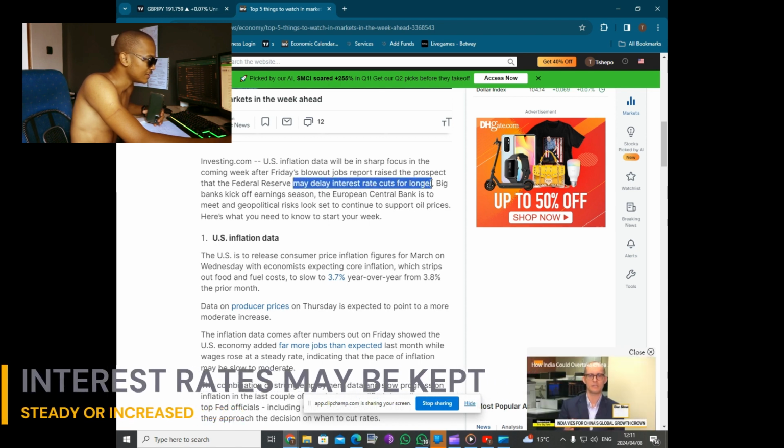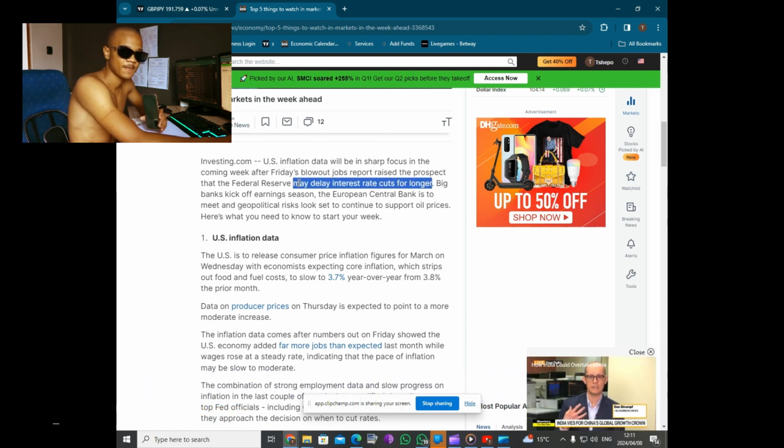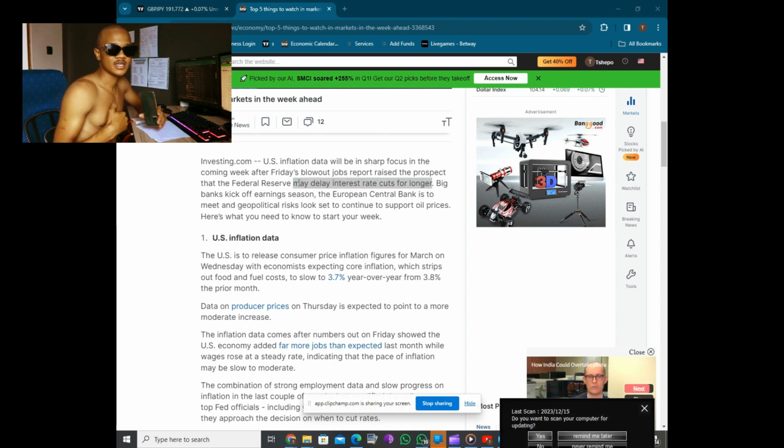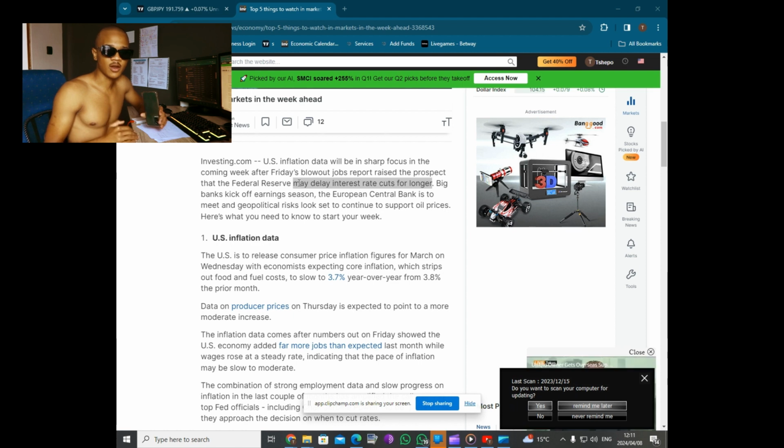Now, if the US Fed delays rate cuts, it might keep the interest rate steady, which will cause the dollar to rise at a steady rate, or it might increase the interest rate, which would give the dollar a very big impulsive move to the upside, right?